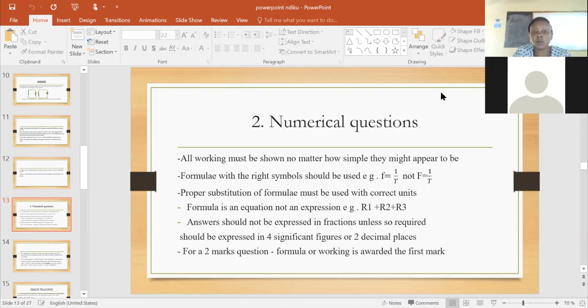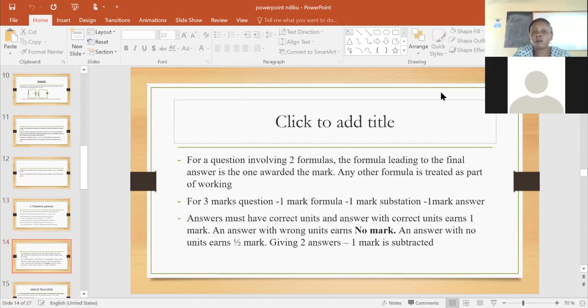When it comes to a question of 2 marks, the formula or the working is awarded the first mark, then the other mark goes to the answer. If we have a question involving 2 formulas, then the mark is awarded to the final formula or the formula leading to the answer, and the other mark goes to the answer.